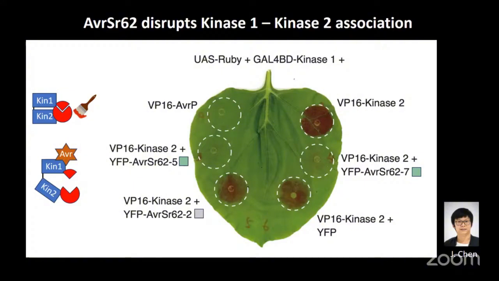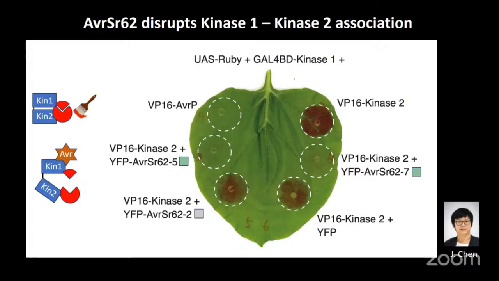When he expresses kinase 1 and kinase 2 separately in trans, he gets interaction, which is shown in the top right-hand corner. You get the production of this red pigment showing interaction. However, if you co-deliver a functional effector, then kinase 1 and kinase 2 dissociate from each other and you break that interaction.